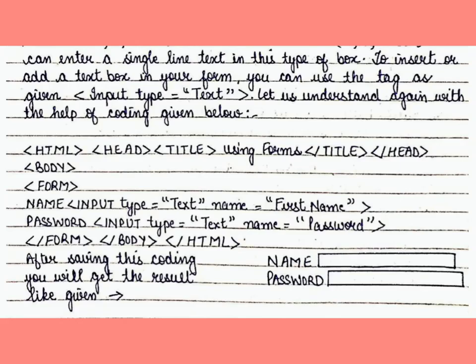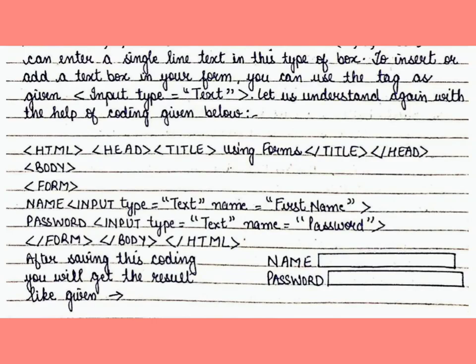Let us understand again with the help of coding given below. Children, as you can see, I have used the HTML coding for creating forms. Start with the HTML tag, then write head tag and then use the title tag.